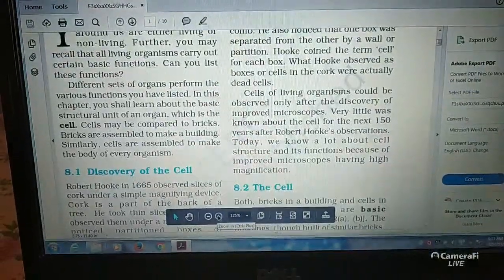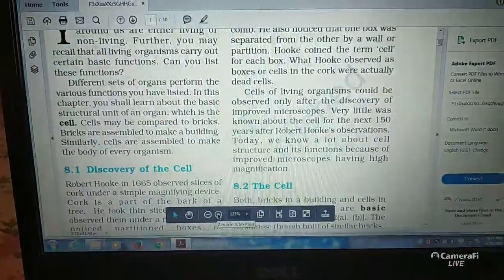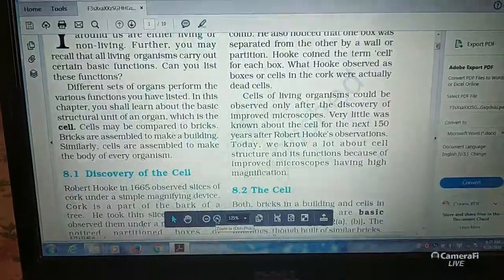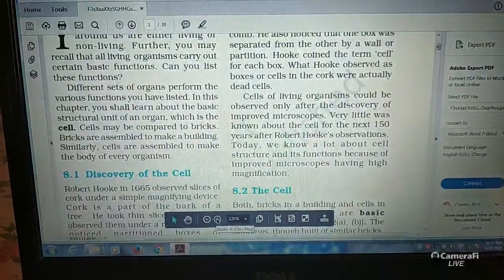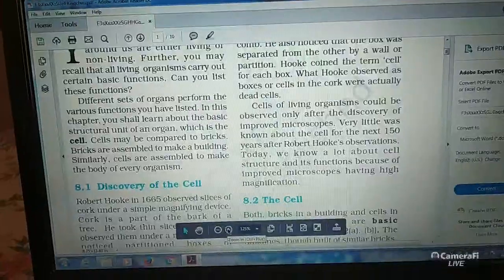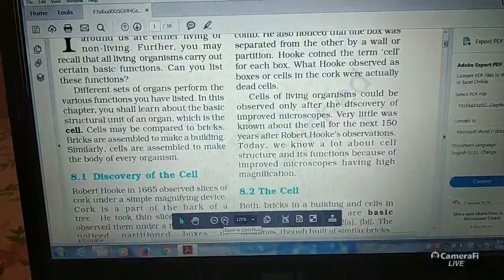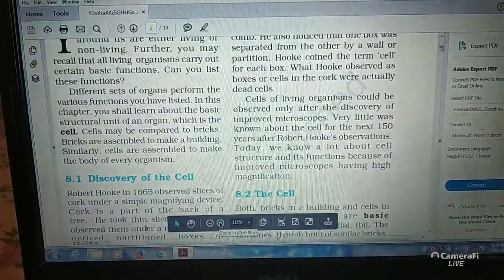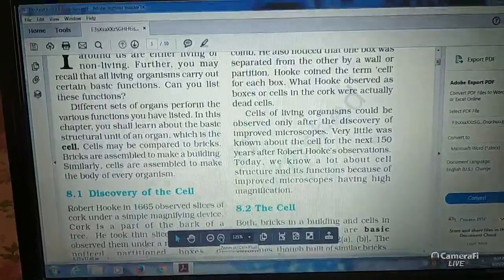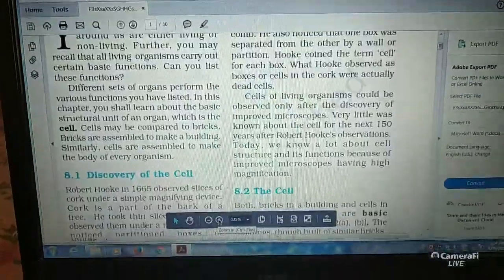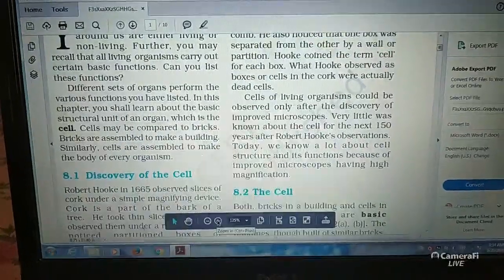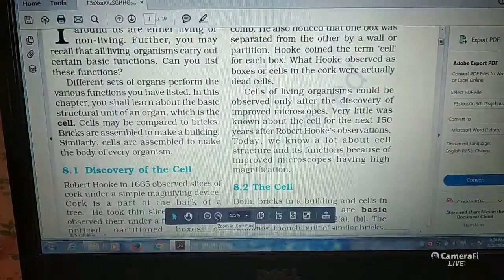Suppose one organ system is class 8, another organ system is class 7, another is class 6, like that the total school building will be one organism. Organ systems like the respiratory system, muscular system and circulatory system together provide one living organism. So class 8, class 6, class 4, all the classes provide the school structure.